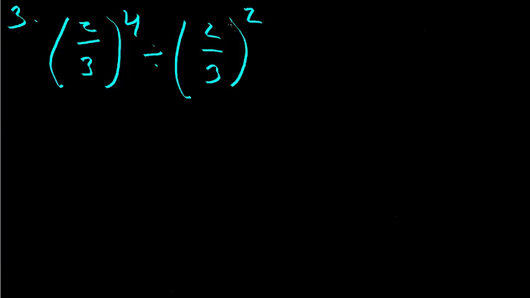So we can take the powers and subtract them: 4 minus 2, the first power minus the second power, and 4 minus 2 equals 2.